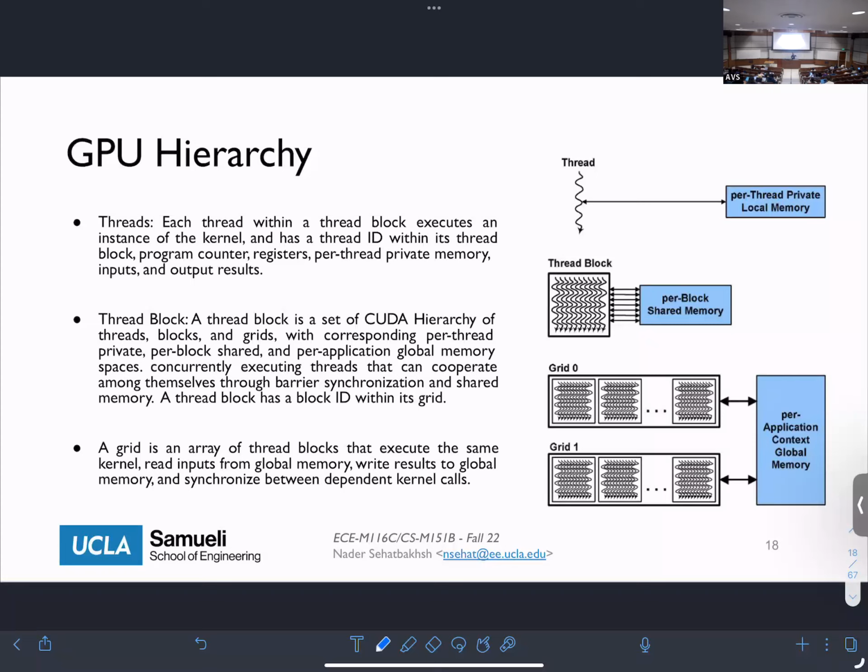So we have threads, thread blocks, and a grid, which is a combination of thread blocks. Typically the grid shares a global memory, and think about this as our DRAM in the CPU. So we have private local memories, shared per-block memories, and a global memory, which is shared among all the grids and so on.